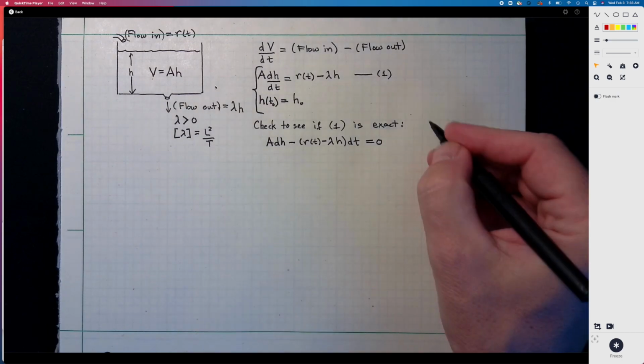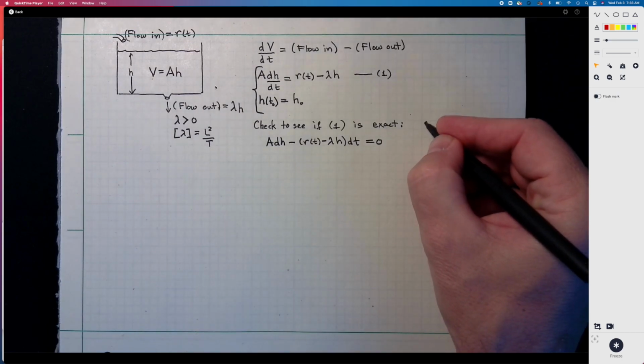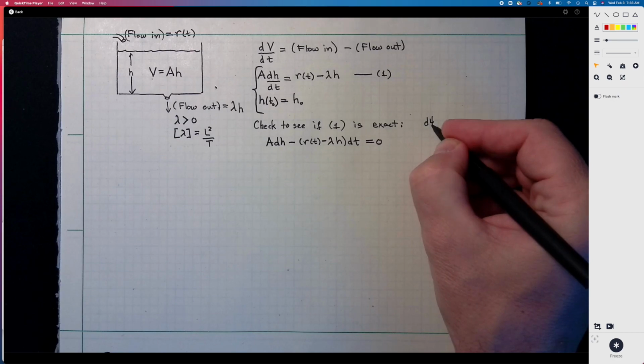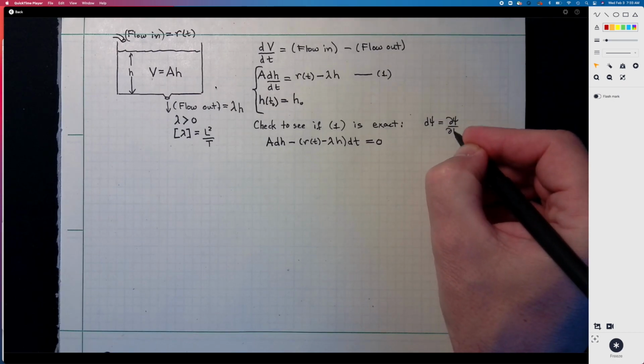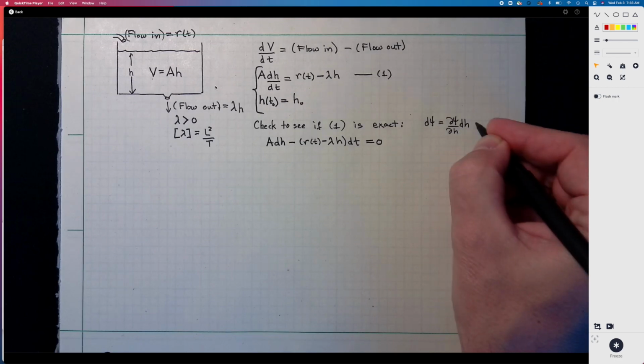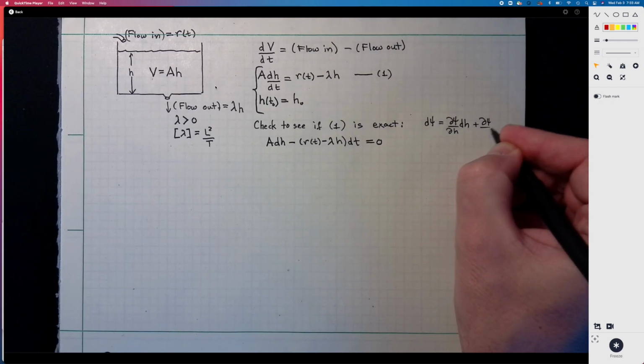Remember, for a differential, d psi is partial psi partial h dh plus partial psi partial t dt.